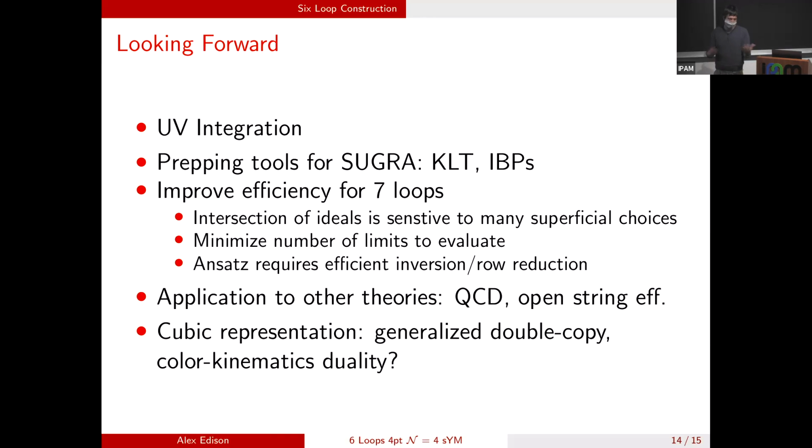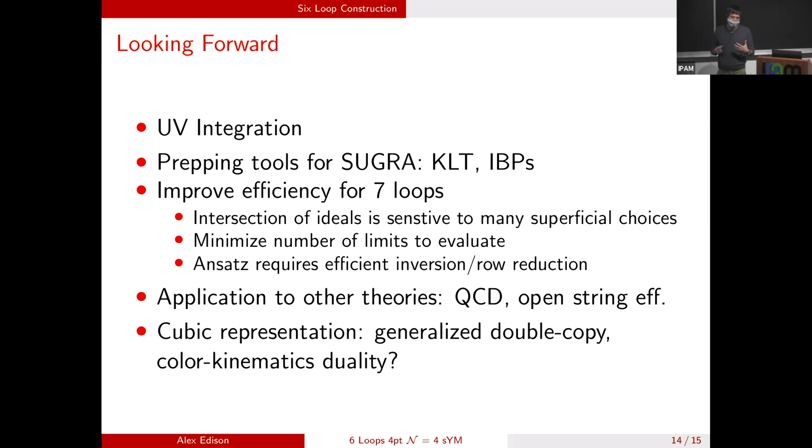So we have a 6-loop integrand. Now what do we want to do? The first thing we would like is to do some UV integration. There's some well-defined critical dimension that we should be able to reproduce. That'll be a future check that we're going to look into. And part of it is that we need to prep the tools for supergravity. So supergravity at 6 loops is slightly less interesting than supergravity at 7 loops.